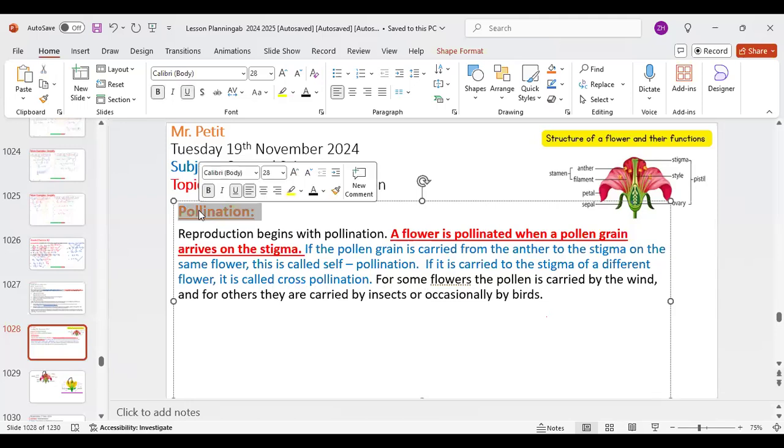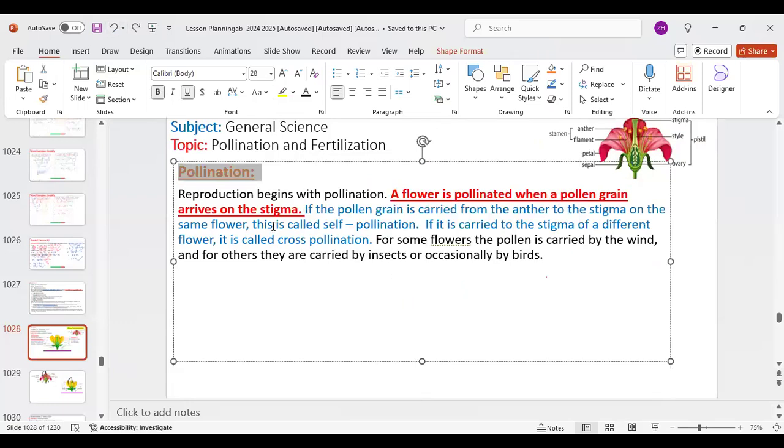Let's talk about fertilization now. This is reproduction. This is how plants reproduce. Fertilization. So after the pollen grain arrives on the stigma, fertilization takes place.